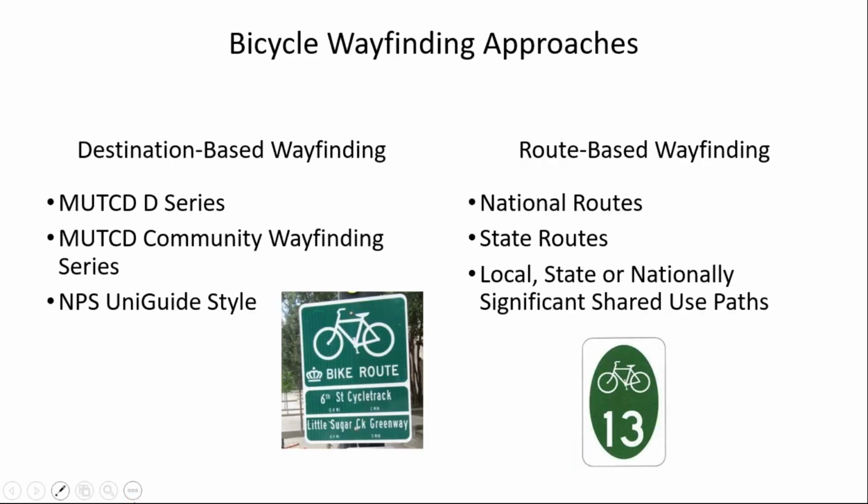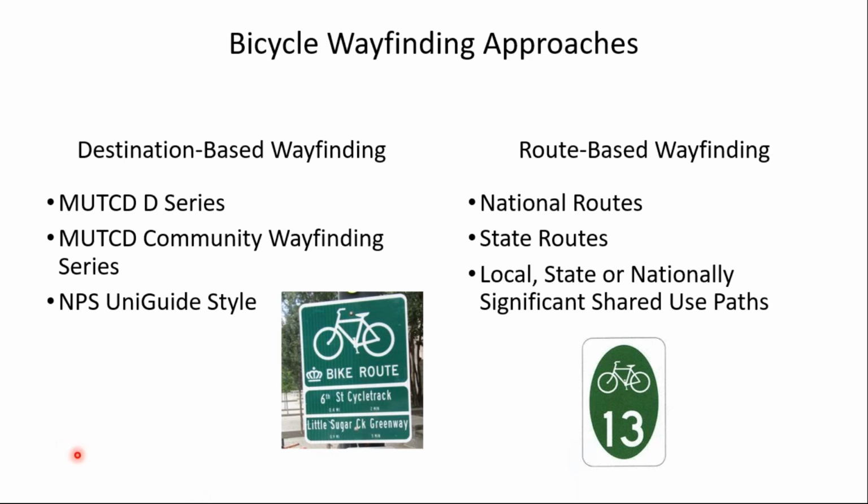The MUTCD does address this issue. Also, AASHTO's new bicycle guide talks about destination-based wayfinding, and the MUTCD talks about this. This is from Charlotte, North Carolina. This photo, notice they identify that this is the bike route, the user is on the bike route, but then they identify some specific destinations in that immediate area.